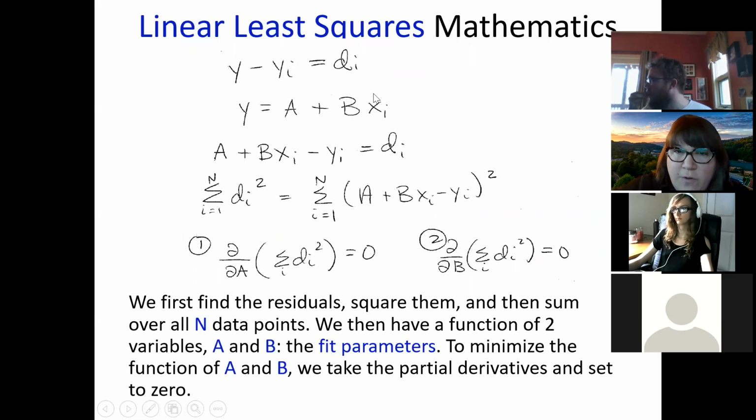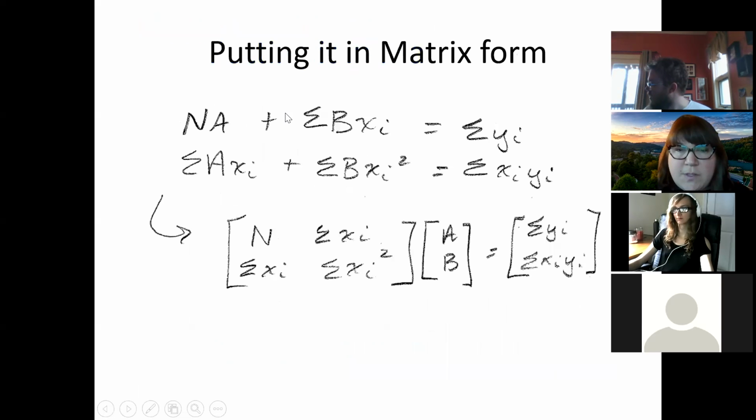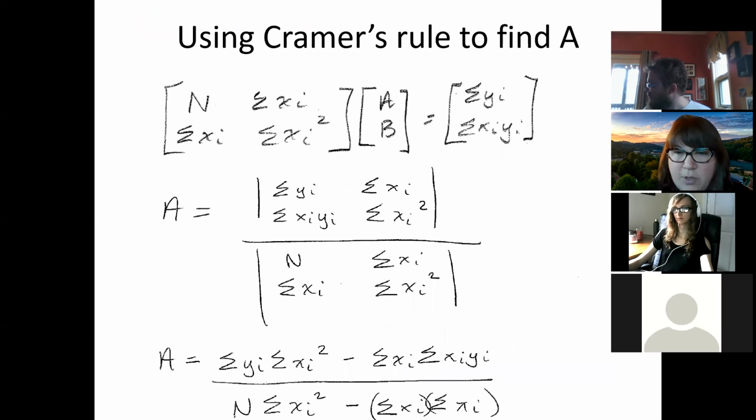So that's what we're using for our fit. And we want to find A, the y-intercept, and we want to find B, the slope. And now we have expressions to be able to calculate those.